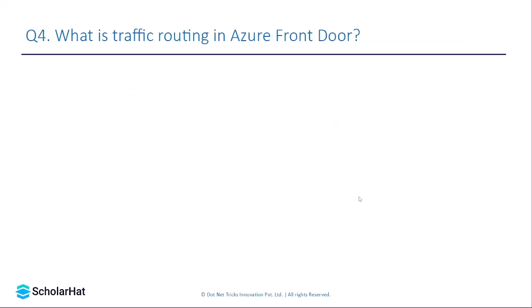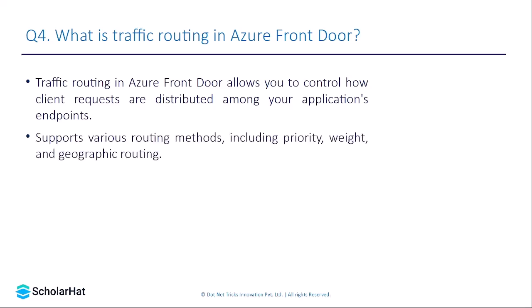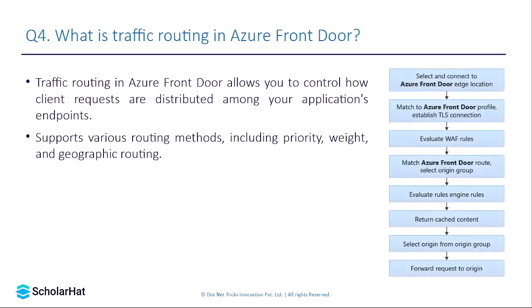What is traffic routing in Azure Front Door? Traffic routing in Azure Front Door allows us to control how client requests are distributed among the application endpoints. It supports routing methods like priority, weight, and geography routing.